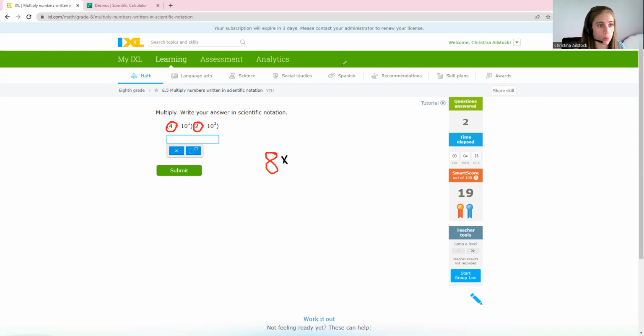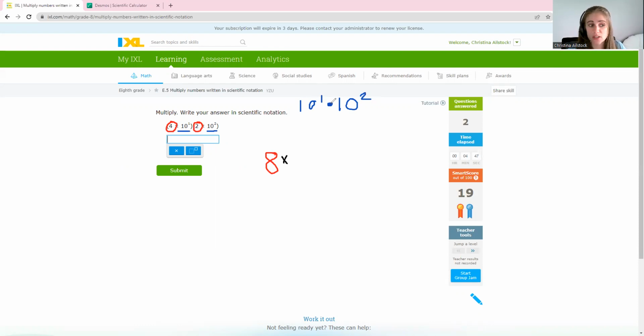Then I want to multiply my numbers with a base of 10. I'm going to write this up here so we can see it a little bit better. To do this multiplication, that's going to bring us back to our prior lessons on the properties of exponents.